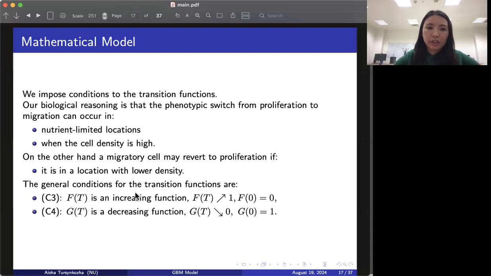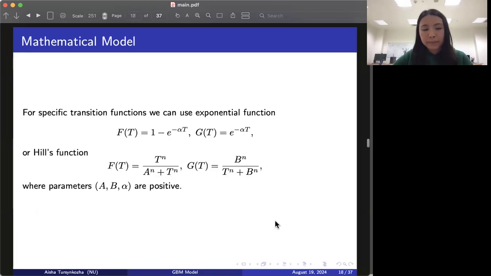Here we have the general conditions for the transition functions: f(T) is an increasing function, f(T) increases to 1, f(0) is 0, and g(T) is a decreasing function, g(T) decreases to 0, and g(0) is 1.